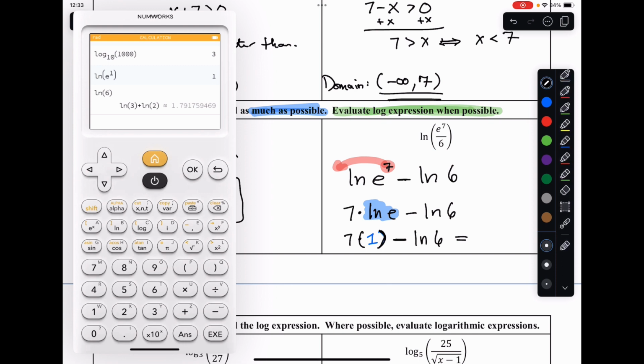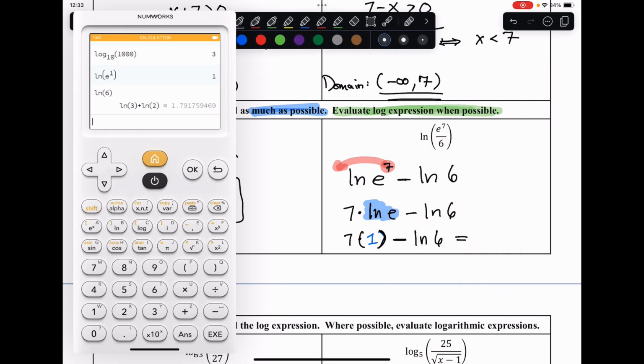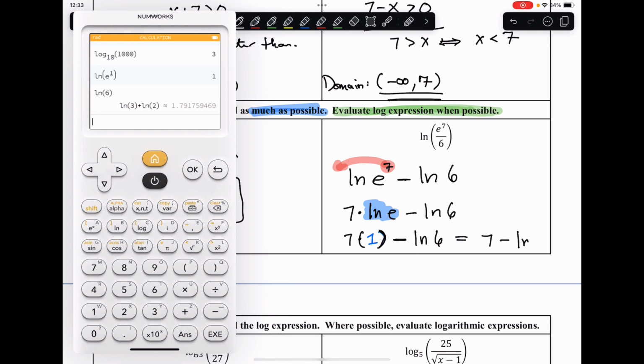Okay, let me move this back over here. So since 7 times 1 is 7, minus ln of 6 is the fully expanded and simplified, or evaluated, expression as possible. So we end up with that.